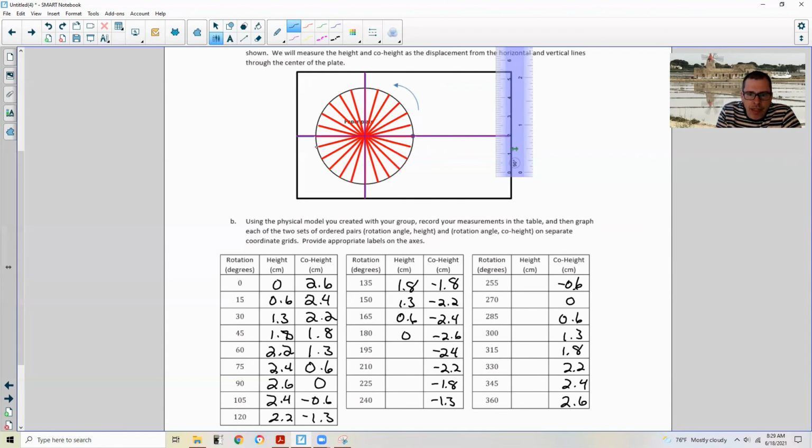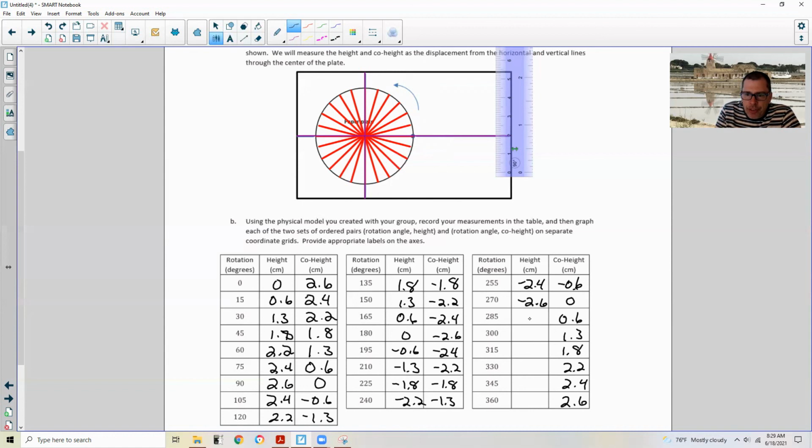Now we're down to the negative side, so it's negative 0.6, negative 1.3, negative 1.8, negative 2.2, negative 2.4, and 270 would be negative 2.6, our radius negative.